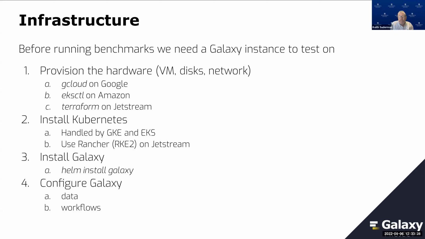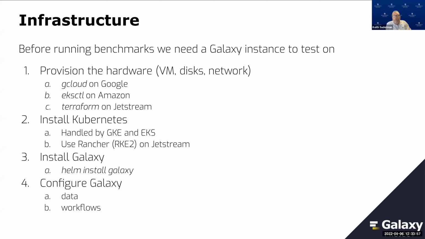Amazon's version is EKS-CTL, the Elastic Kubernetes Service Controller, which basically allows you to create a cluster with a single command. And then we use a platform called Terraform on Jetstream. Not sure if people are familiar with Jetstream. It's an NSF-funded supercomputer running at Indiana, and there's also an instance at Texas.